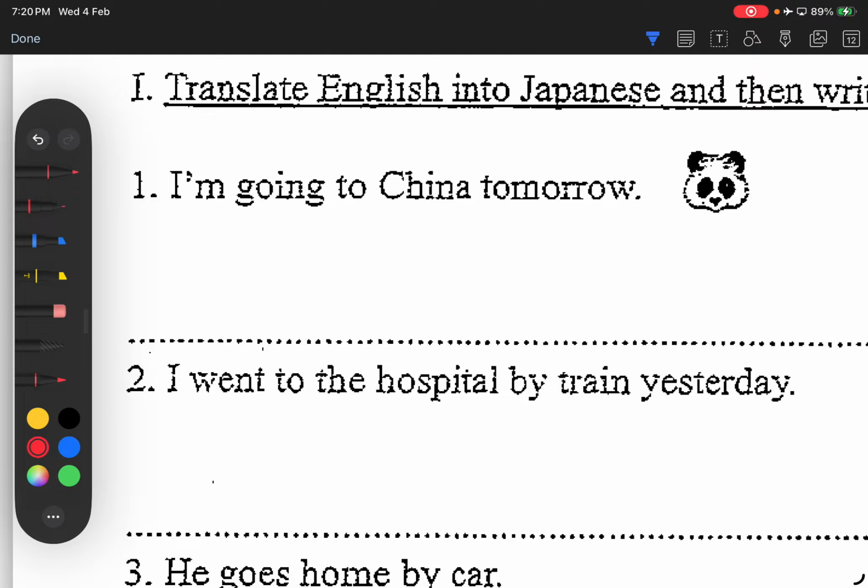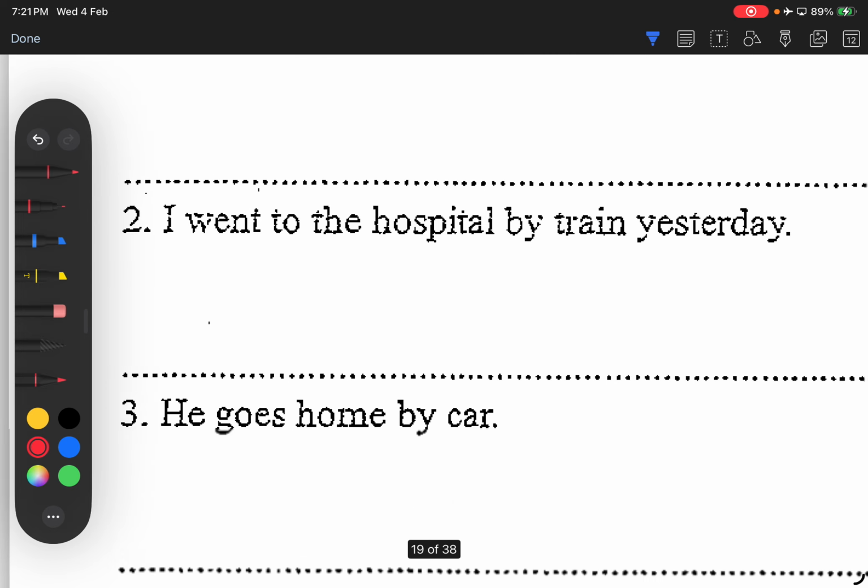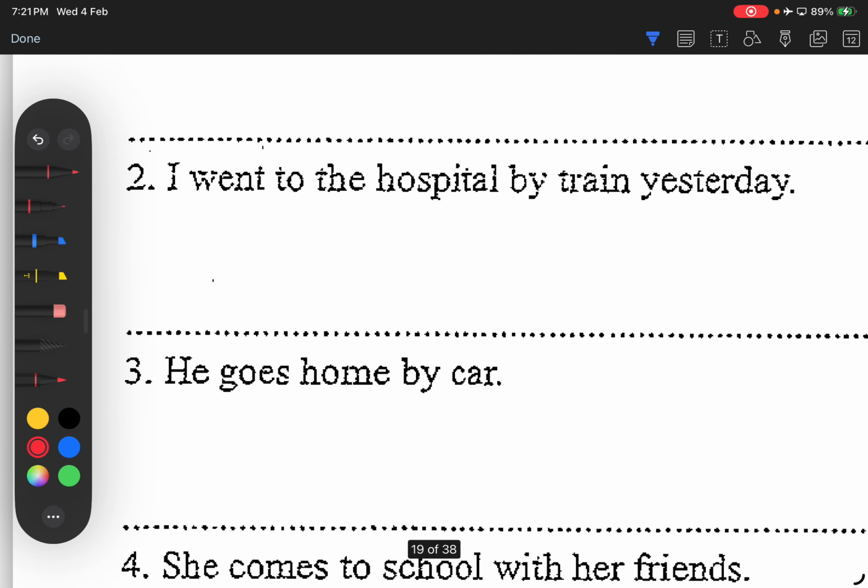You're already outside the house. I enter the house. Why would you say I go to the house? You're outside your house, so you don't say you go to your house. Right? So in that case, we will use another verb. That verb will be hairimasu, which means to enter. To enter, we will use ni particle. But in this case, we are still far away, we use e. Right? So, 私は明日中国へ行きます。Number 2, I went to the hospital by train yesterday.